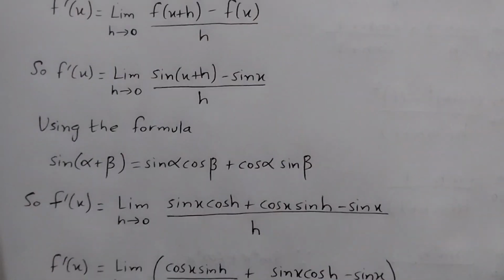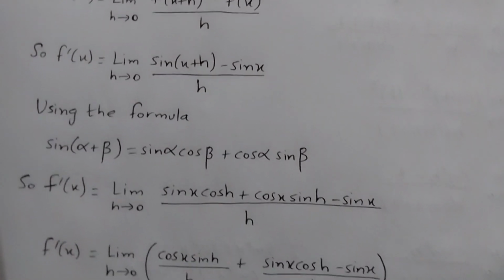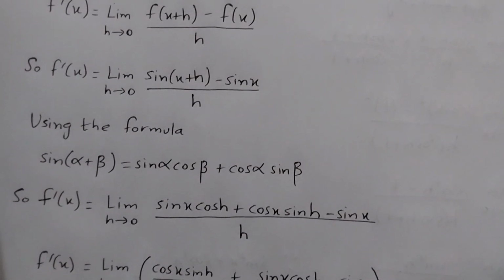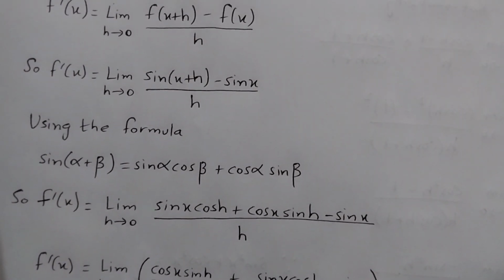So you can see that in the numerator we have sin of x plus h. We will use a formula to expand this. So the formula is sin of alpha plus beta is equal to sin of alpha cos of beta plus cos of alpha sin of beta.